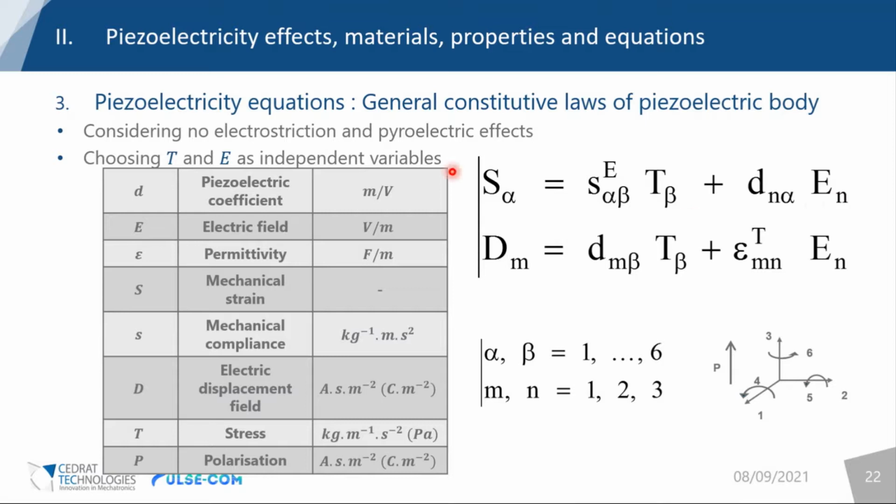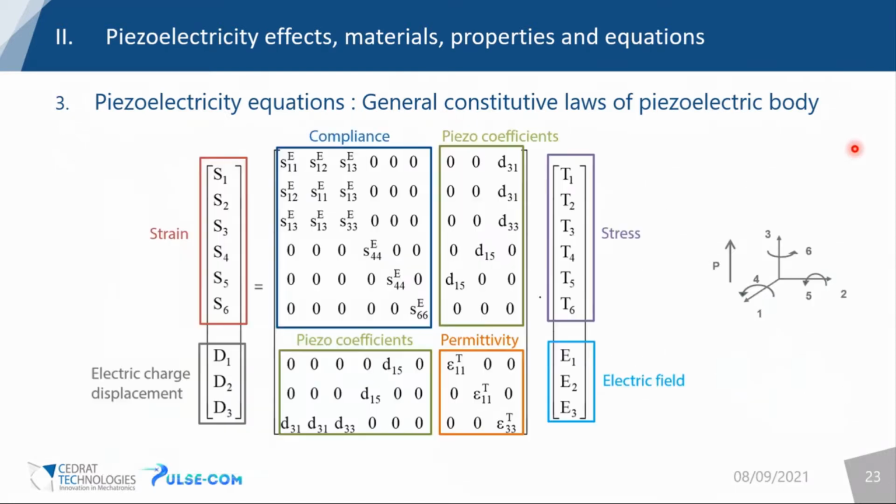So this is the direct piezo effect, and then you have to relate the electric displacement field with the stresses and the electric field. And this is in every direction in space. With these equations, we do not consider electrostriction nor pyroelectric effects, so all the parasitic effects are removed. It simplifies the equations a bit.